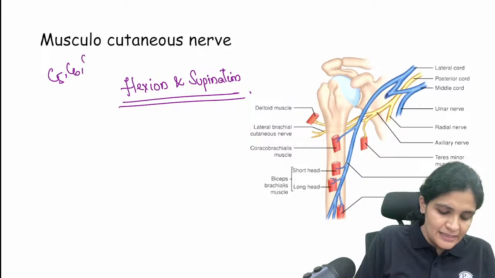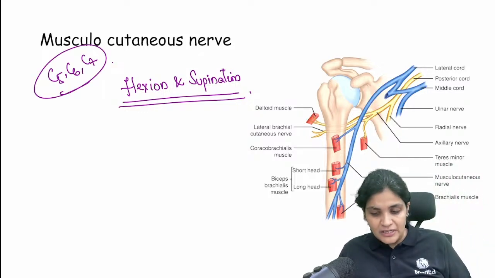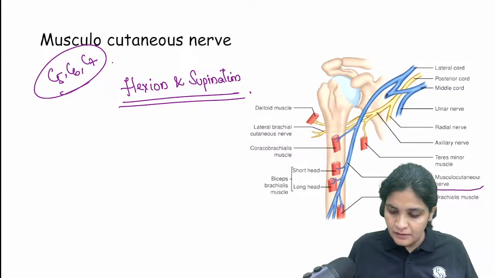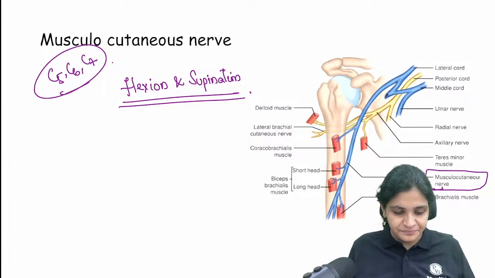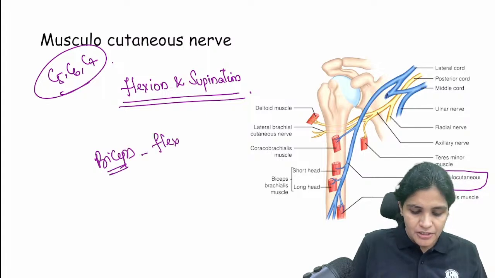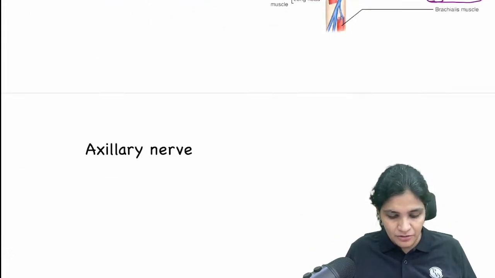C5, C6 and C7, right? So you have to test for the flexion, that is biceps, flexion of elbow, right? So that is your musculocutaneous nerve.